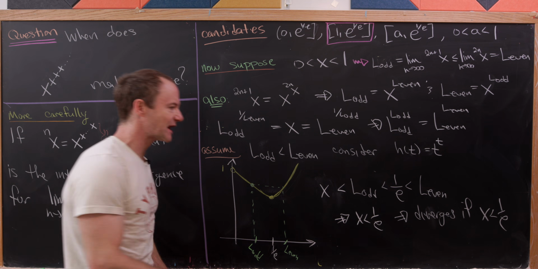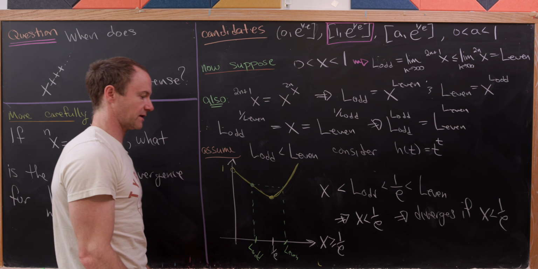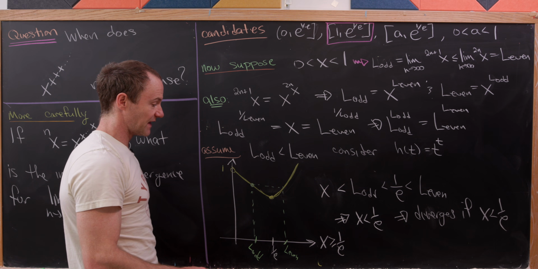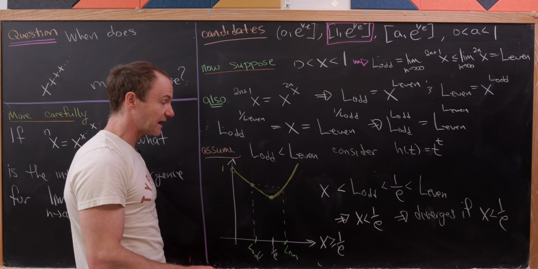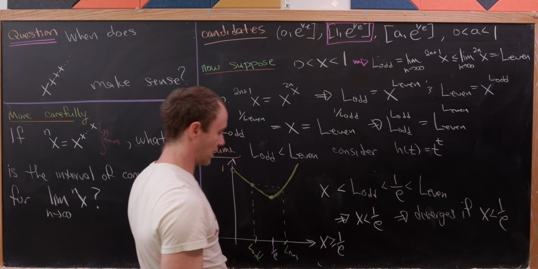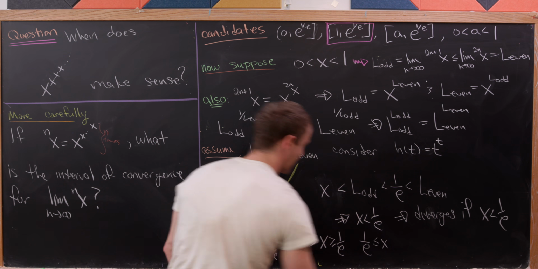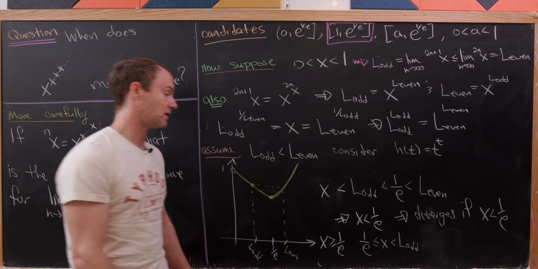But now let's see what happens if x is bigger than 1 over e. So let's observe that if x is bigger than 1 over e, we have the following inequality. We've got 1 over e is less than or equal to x, which is less than L odd.